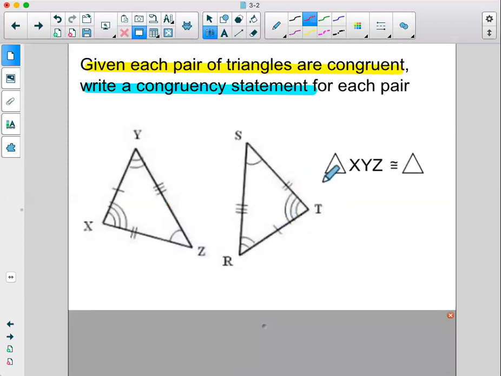So pause and complete the congruency statement. If this is X, Y, Z, up the 1 scratch side, 3 scratch side, 2, then here I have to do 1 scratch, 3 scratch, 2, TRS.